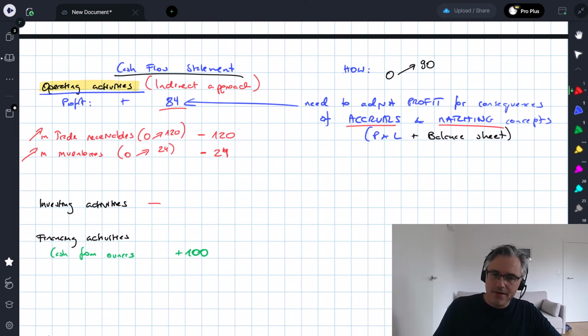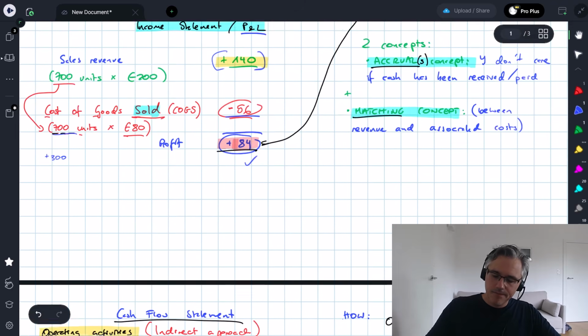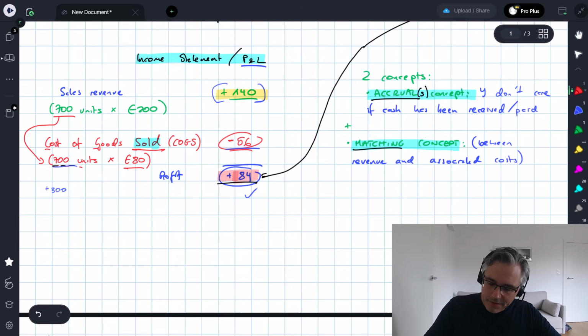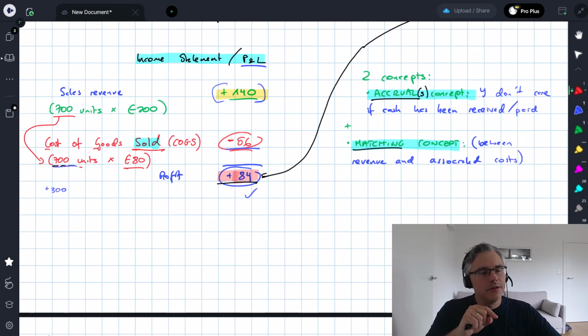Why is this a negative adjustment? Because we're admitting over here that the negative 56, which was included in the computation of profit, isn't the full story about what we bought.